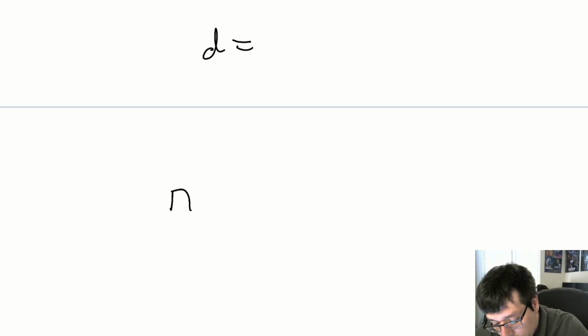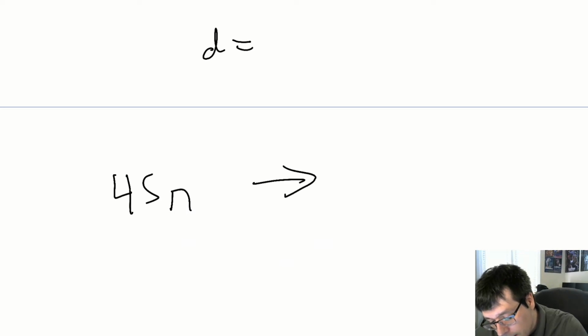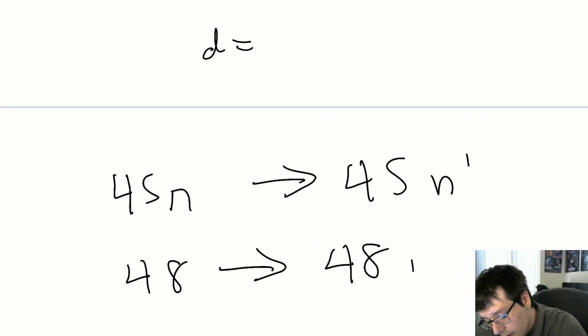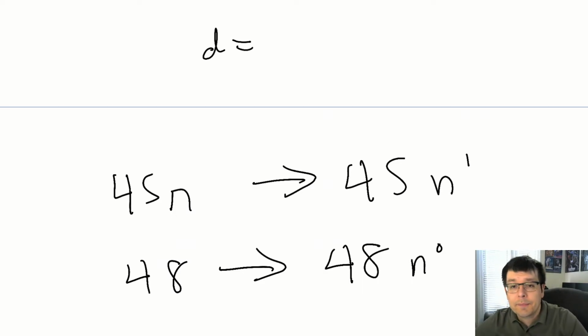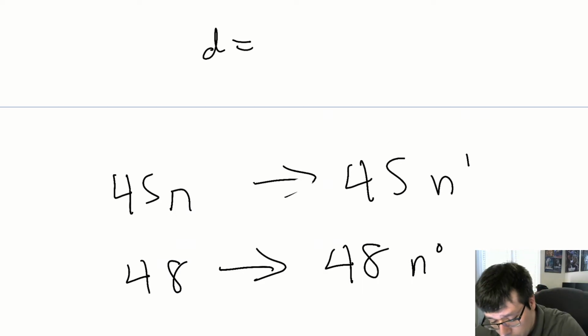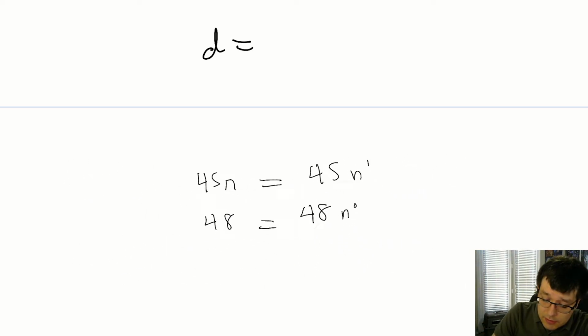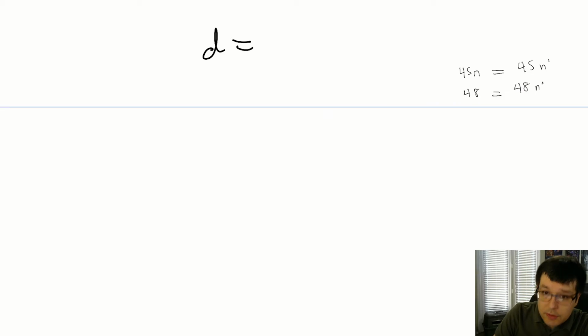So if I have n times 45, that is the same thing as saying 45 n to the first, right? And if I have something like 48, that's the same thing as saying 48 n to the 0, right? So these things are the same. So let me use equal signs there. Make sure you remember that sort of basic math stuff, okay? Let's just put that down here as an example.